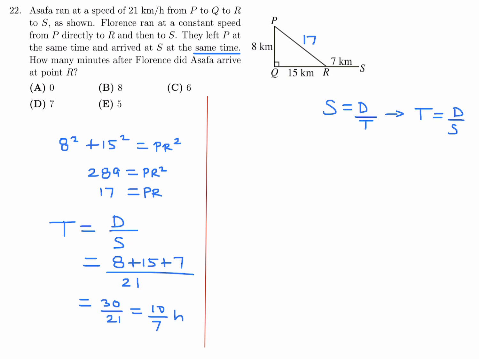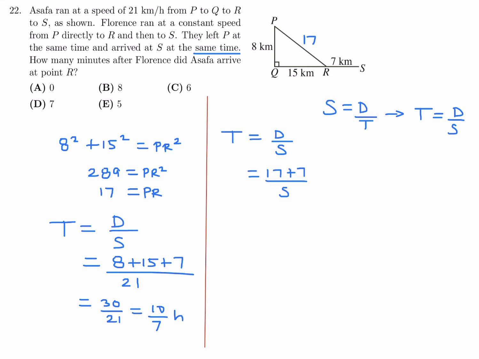Now we have to turn our attention to Florence, and we need to figure out her time. And the same formula, time is equal to distance over speed. And her distance is 17 and then 7. 17 plus 7.